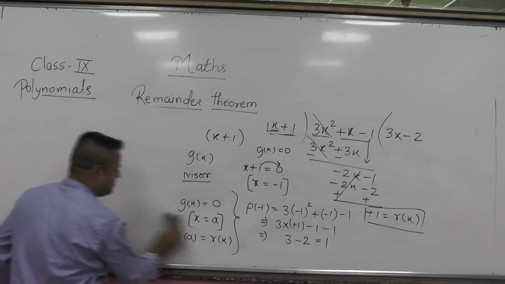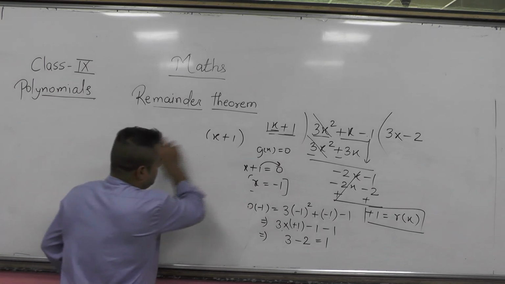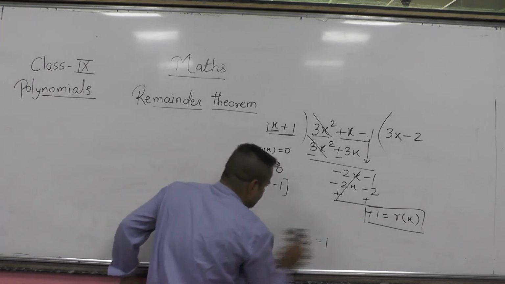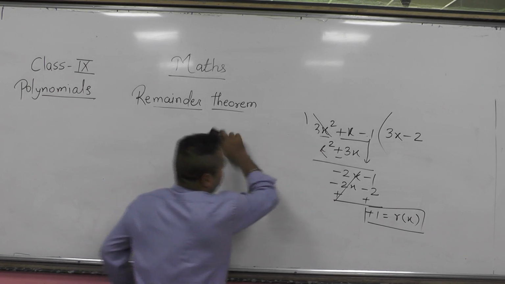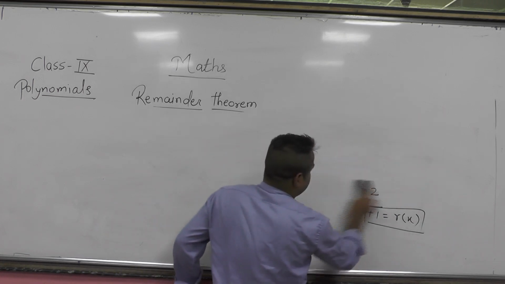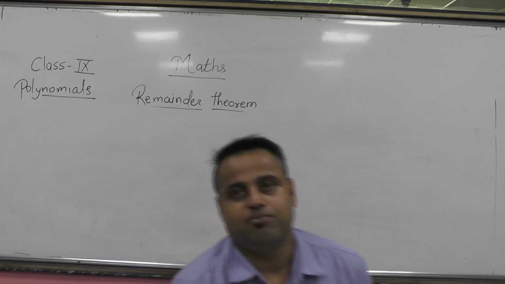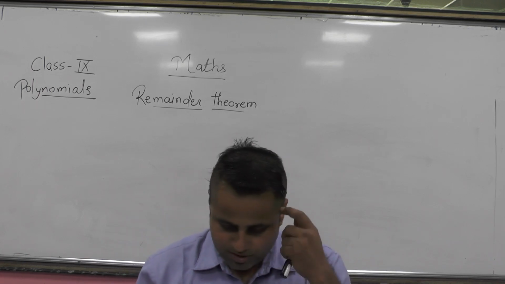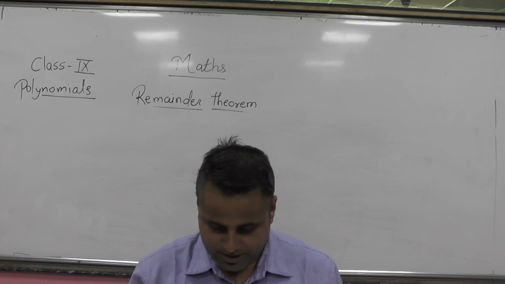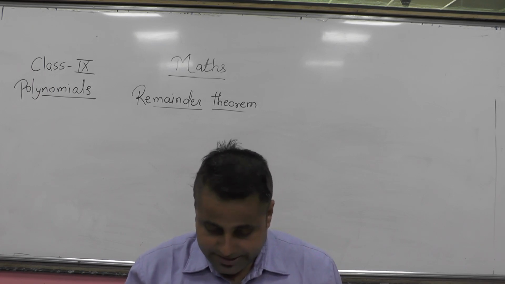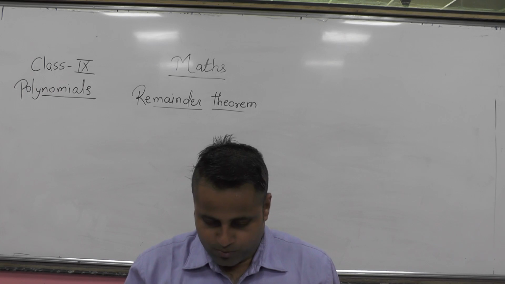Okay, one more example I am showing you about the remainder theorem here. Please see carefully because these are very important topics, and polynomial itself is a very important topic, so we need these things to prove.